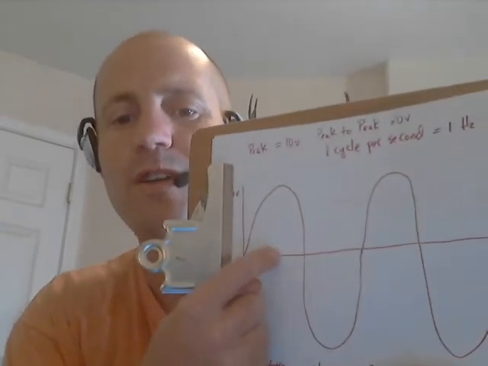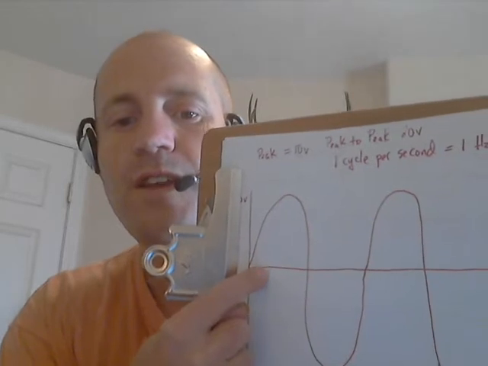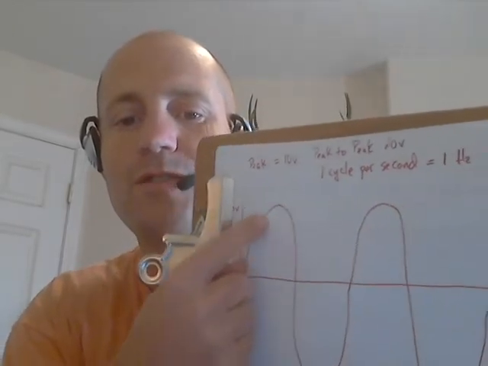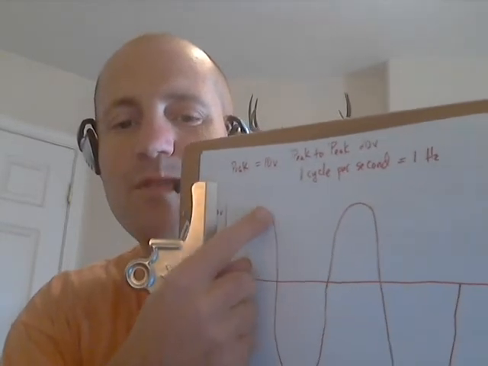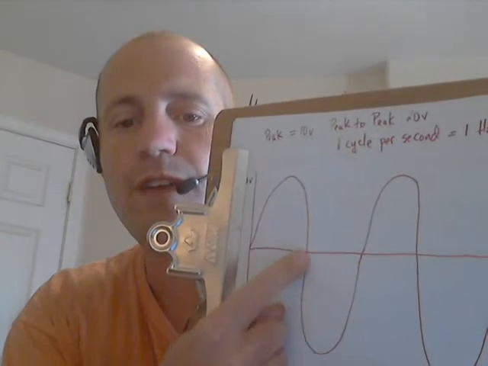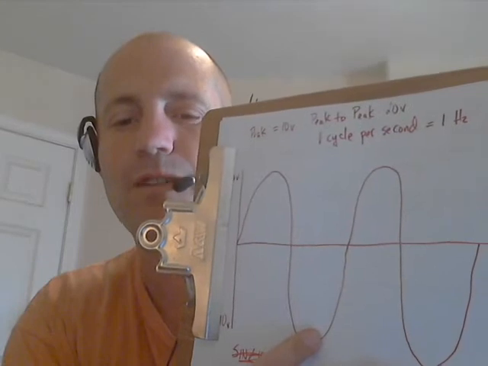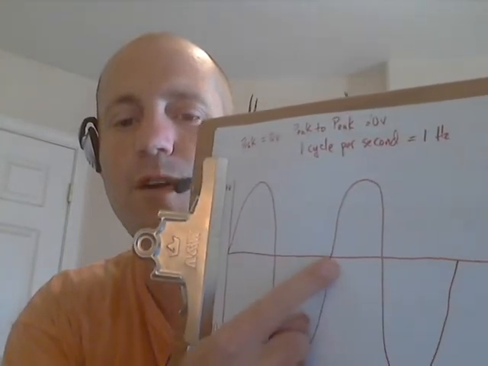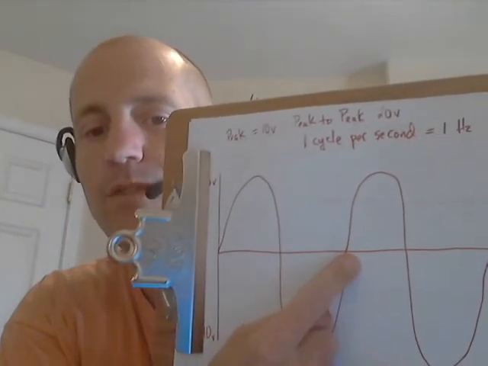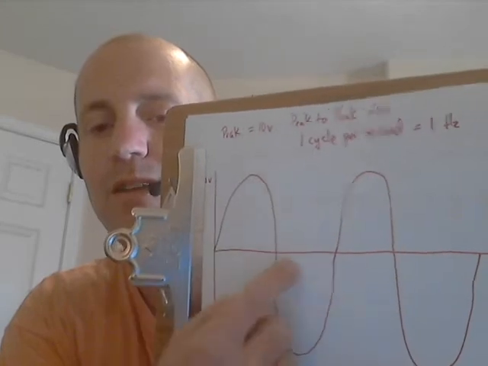Now, there's a couple of terms that are useful to know with regard to this. This sine wave right here, where it goes from 0 to its maximum positive voltage, then back down to 0, and then to its maximum negative voltage, and then back to 0, represents one complete rotation of the conductor within the magnetic field.